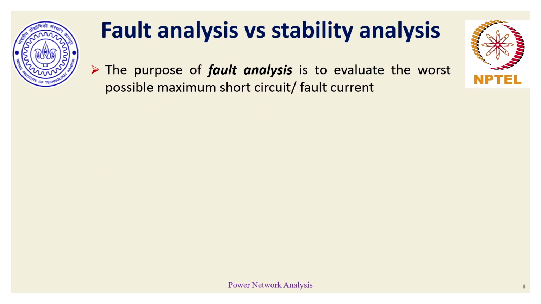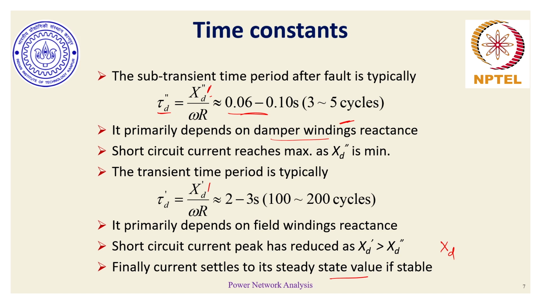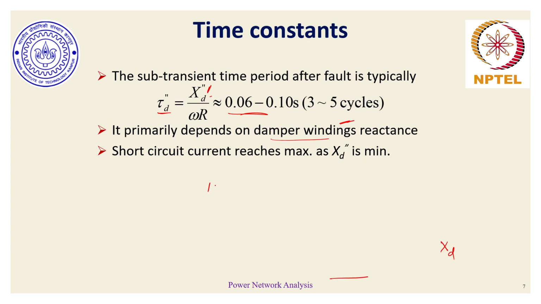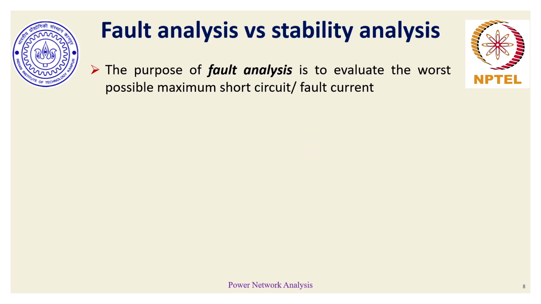So overall, with this I conclude the logic behind the assumption of why the armature current would have this sort of time behavior. And having understood this, the purpose or essence of learning fault analysis is to find the worst possible currents that can be encountered during a particular fault.